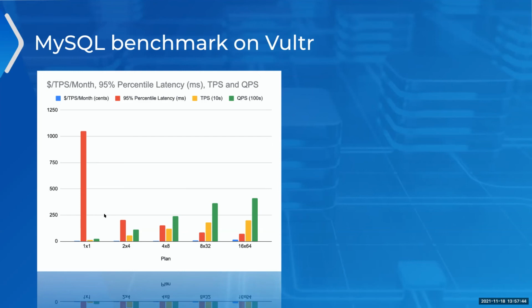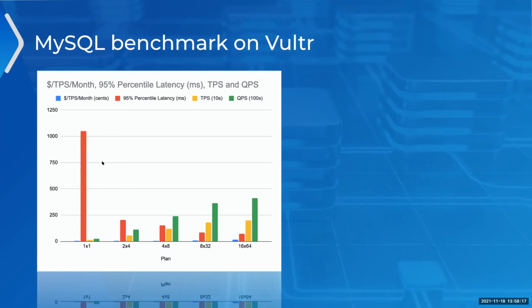Also, from a cost perspective, how efficient is Vultr Cloud for these types of workloads? As you can see, the dollars per month per transaction per second is super small. It's in the pennies. Whether using a 1 by 1 or 16 by 64, it shows up a little bit, but it's very economical to use MySQL or Postgres or these databases on Vultr Cloud.